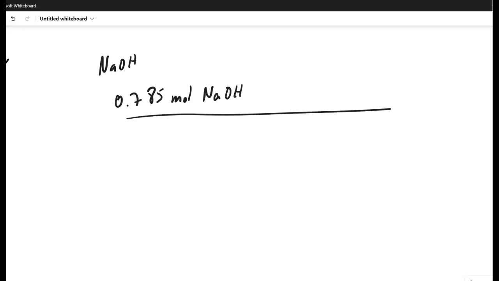Number 4. How many grams of sodium hydroxide are in 0.785 moles? So I have 0.785 moles of sodium hydroxide. And now I want to get to grams, so I need the grams on top and the 1 mole on bottom. Sodium hydroxide: I'm just doing these numbers off the top of my head. I don't have a periodic table in front of me. Sodium is 22.99, let's just call it 23.